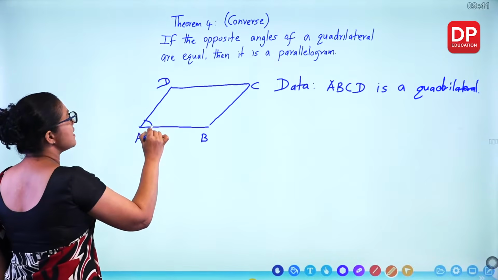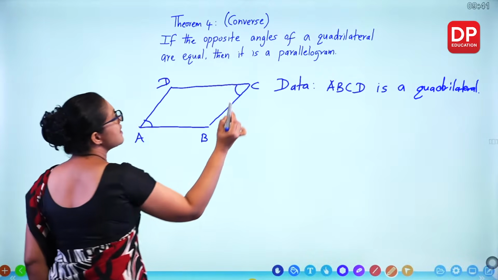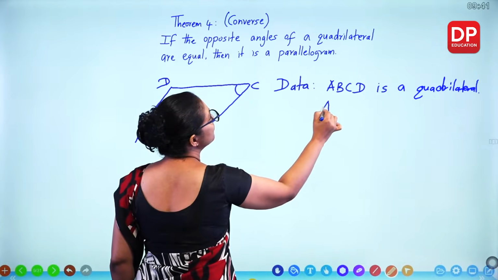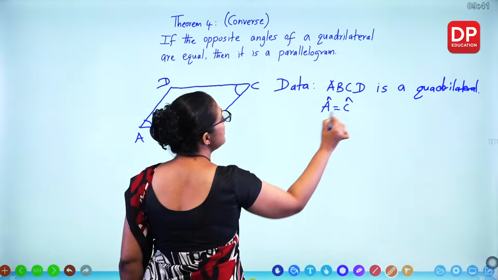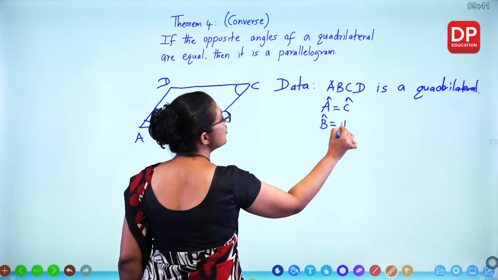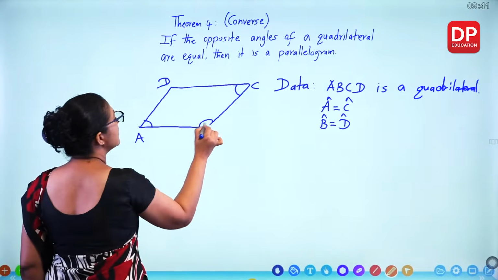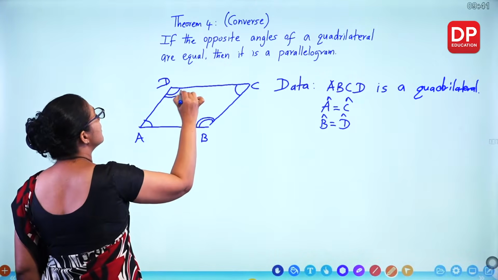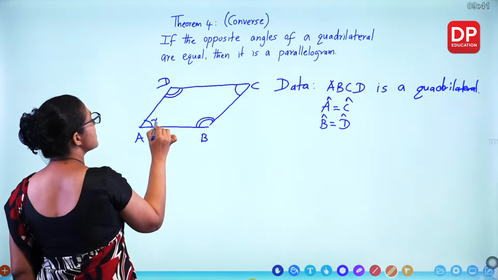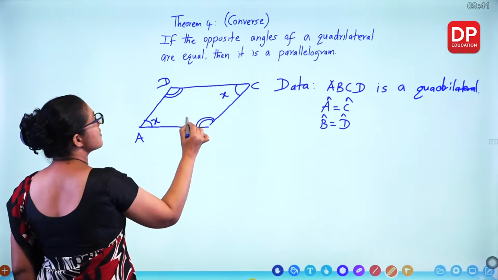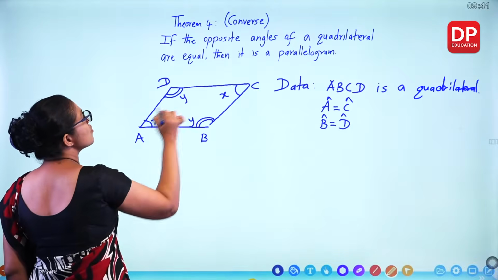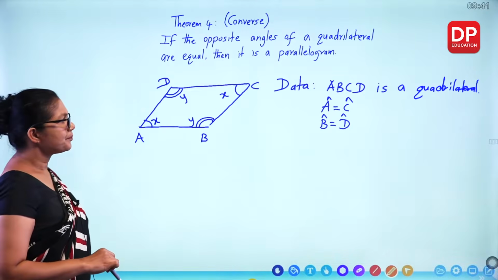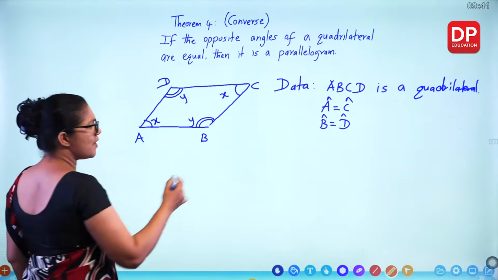So that means it's given angle A is equal to angle C, angle B is equal to angle D. I'll put this one as X. So this is also X. This is Y. This is also Y. Now we'll try to prove that.